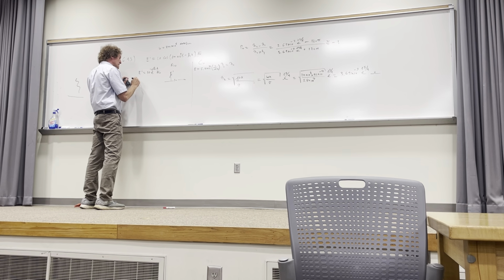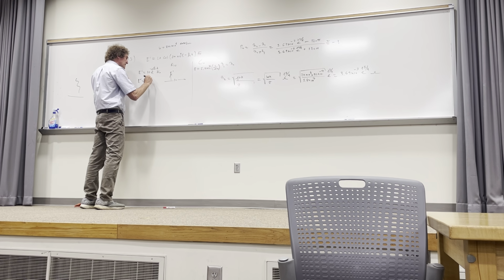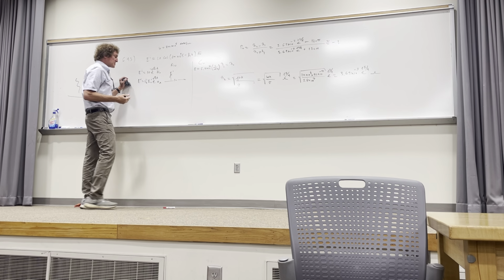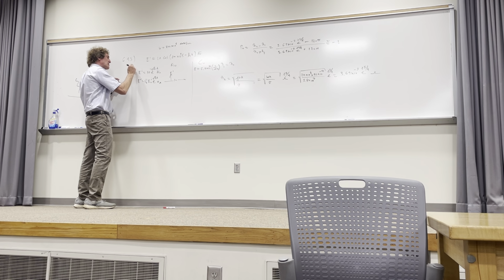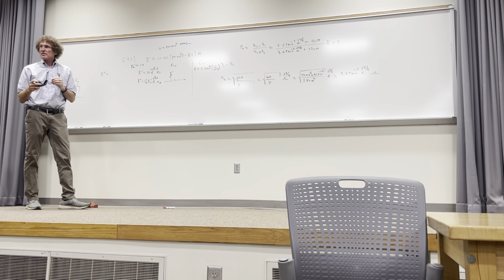Now, because E reflected is going to be the reflection coefficient times E naught incident times e to the plus j beta 1 z a_x. The reflection coefficient is minus 1, and y'all see that E naught incident is just 10, right? It's the magnitude of the incoming field. Can y'all read this?